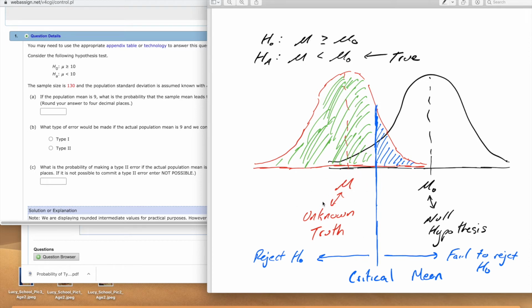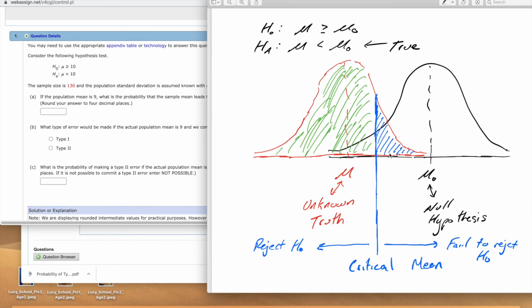So let's imagine a case where that truth is to the left of, if this is a number line, mu less than mu naught. So now this is consistent with this problem. Mu naught is 10, mu is 9. 9 is less than 10. So this is a general case, but it's consistent with this problem.